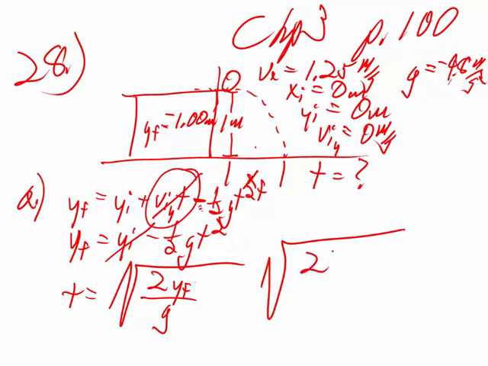We've got 2 times negative 1.00 meters, keep everybody happy, divided by negative 9.8 meters per second squared. You can't take the square root of a negative. The negatives cancel out, okay? Time is always positive.